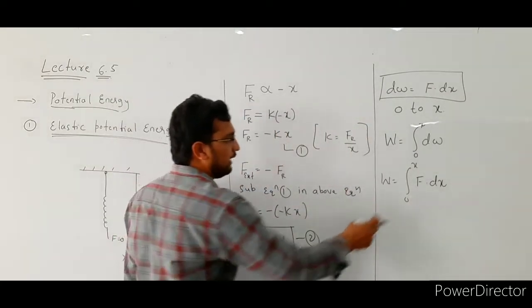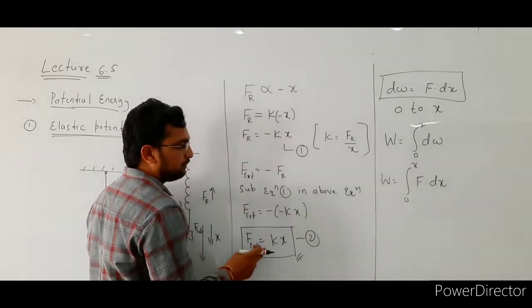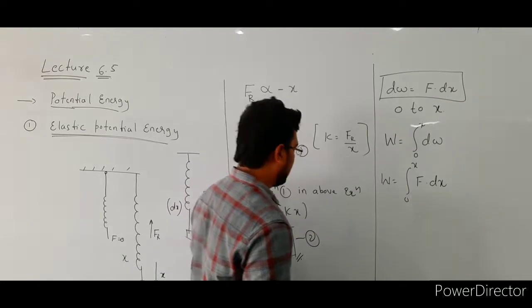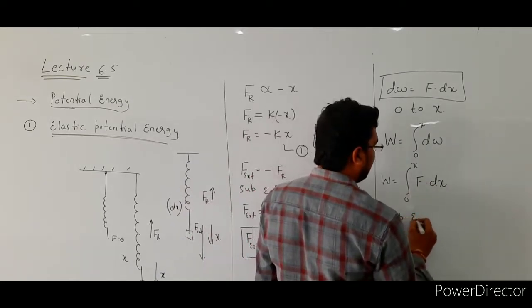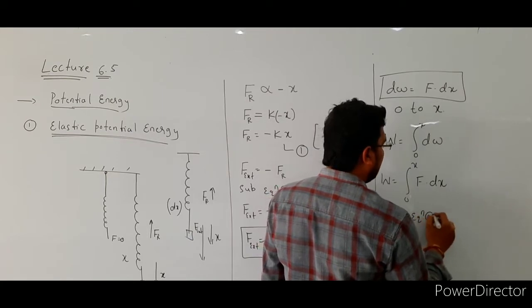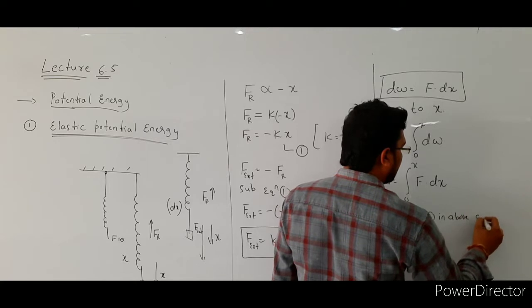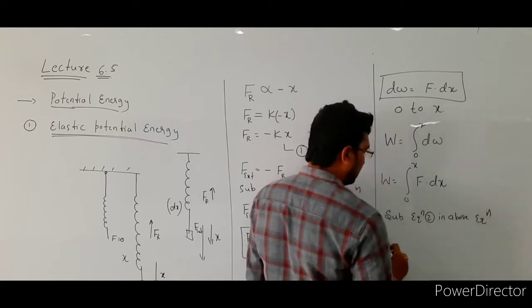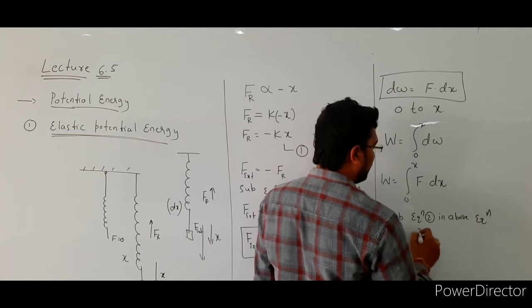Then what is the value of F here? F is nothing but the external force. The external force value is K into X. Substitute equation number 2 in the above equation. Then work done is equal to integration from 0 to x.